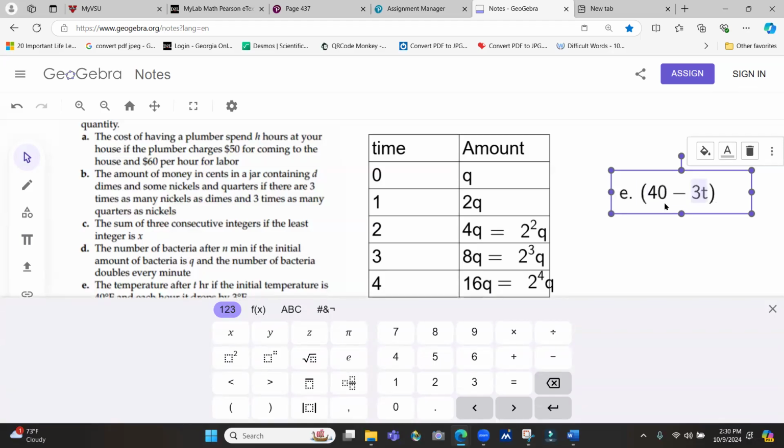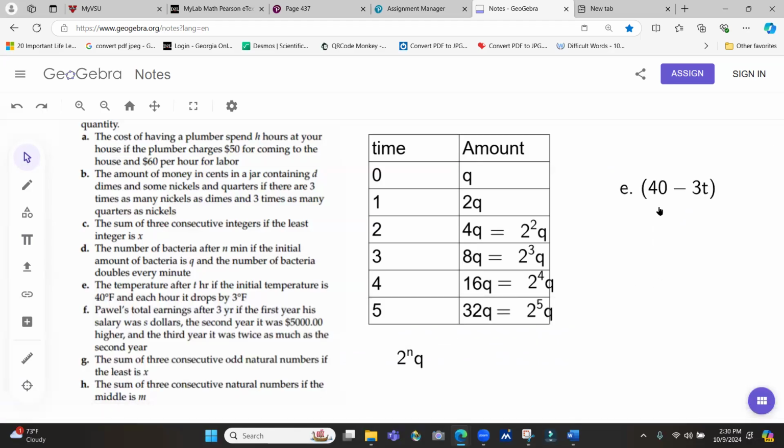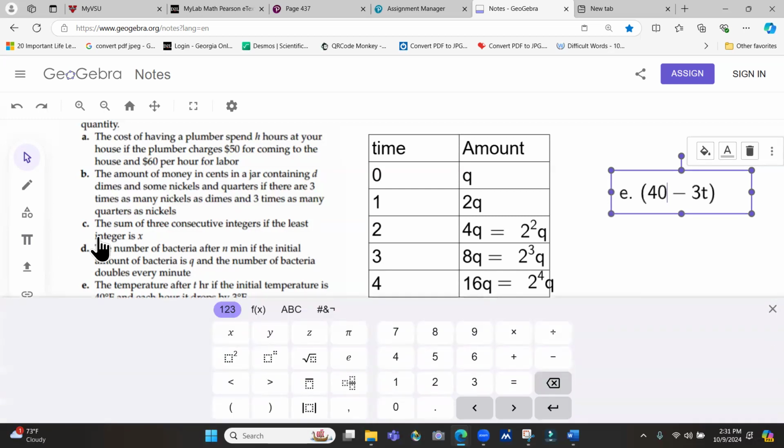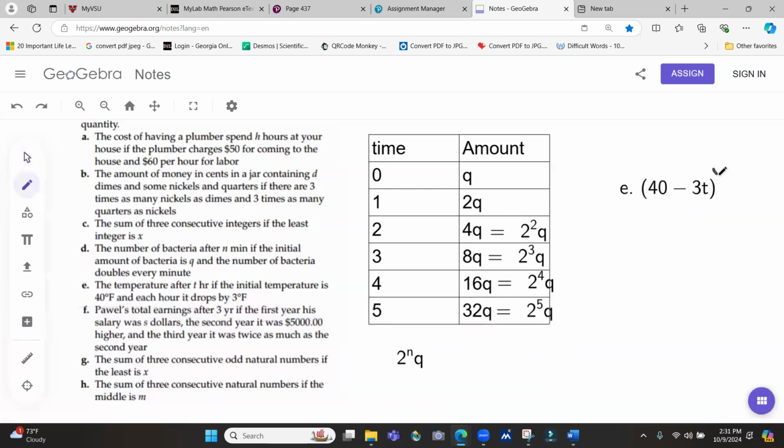And if you really want to be accurate, you can put the degree sign. I'm just going to put it like this. Degrees Fahrenheit. You can do that.